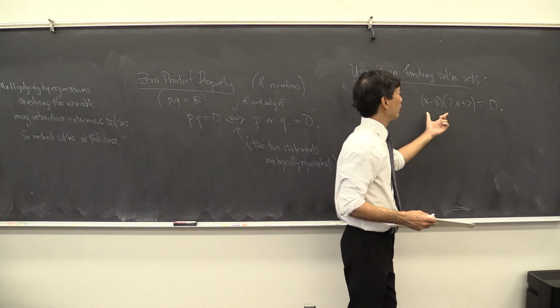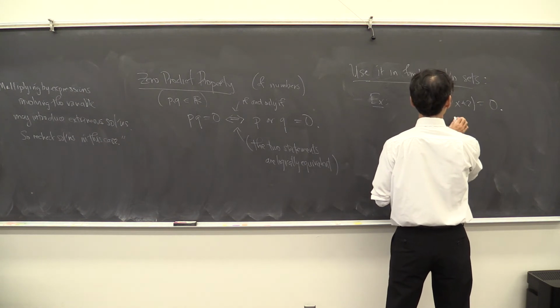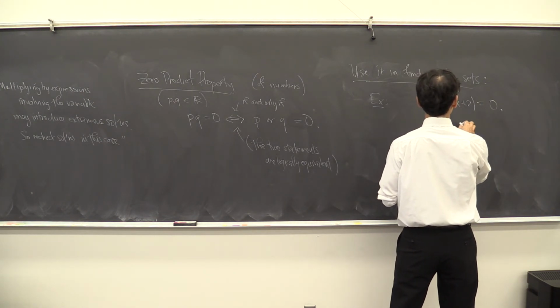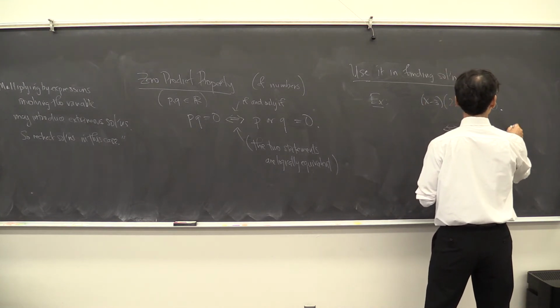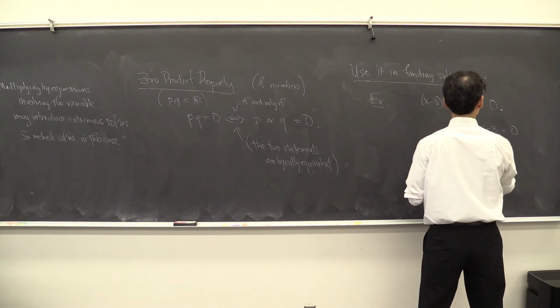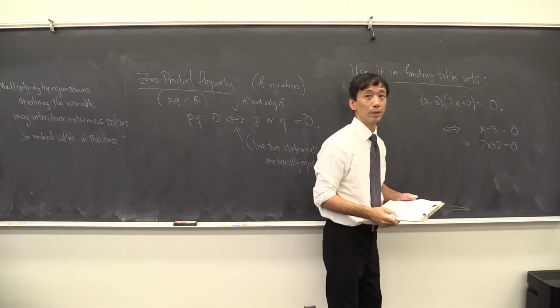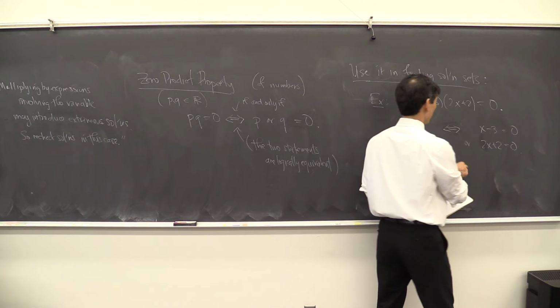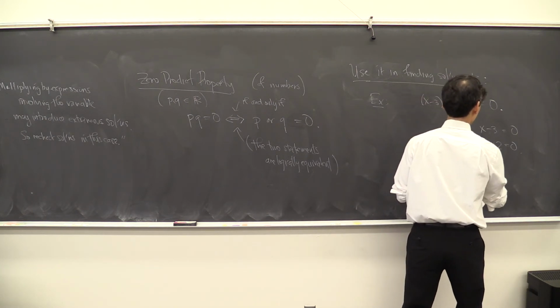Well, the zero product property says that's the same thing as saying that x minus 3 equals 0 or 2x plus 2 equals 0.